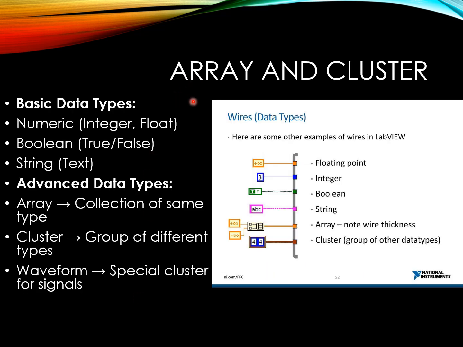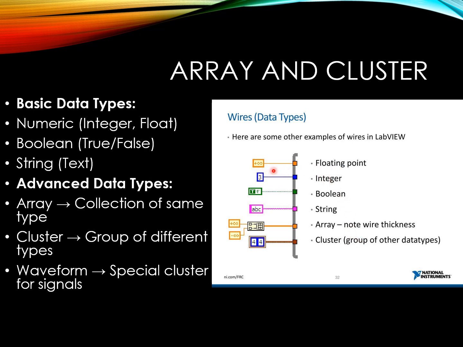And here is another representation of the same thing where arrays and clusters are most vital things. So here the cluster is nothing but a grouping of different data types, which is not possible in many softwares, where array is a collection of same data and cluster is a collection of different data types. So this slide shows the same thing in a different flavor.